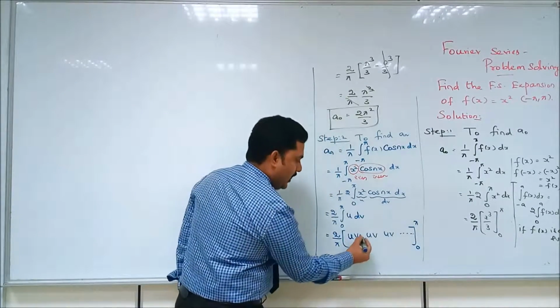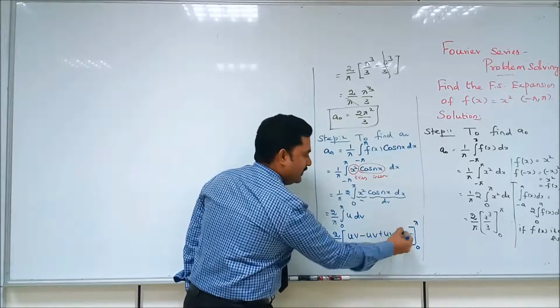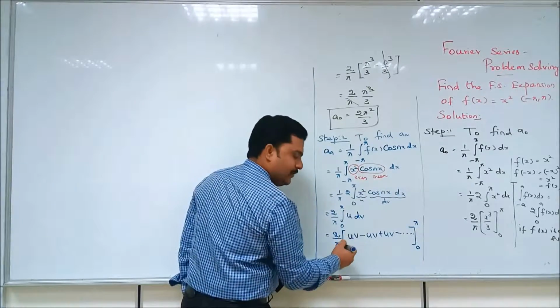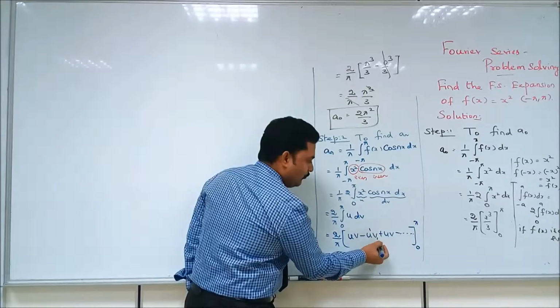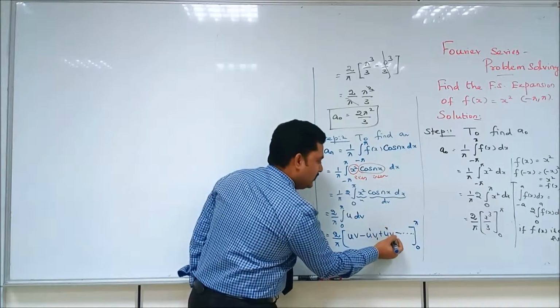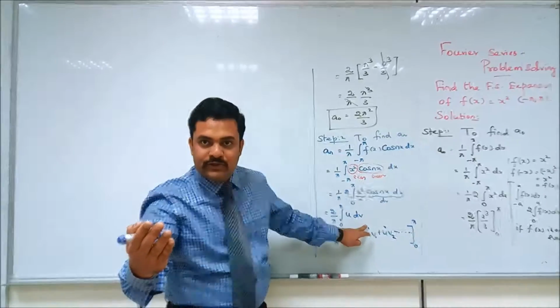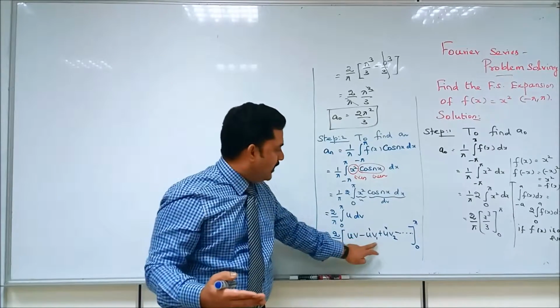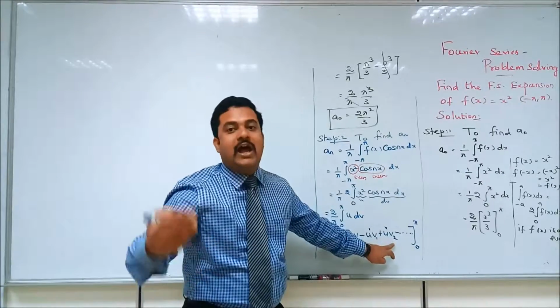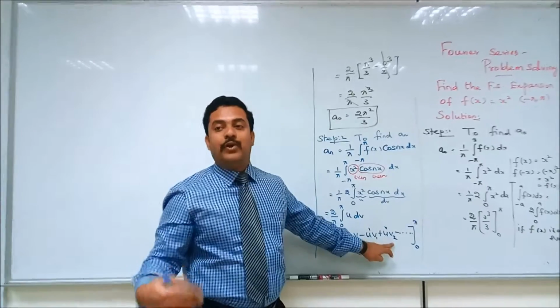Next, minus, plus, minus. Leave the first one, then u dash v1, next u double dash v2. What is meant by dashes? Dashes denote differentiation, where 1, 2, 3 and so on denote the number of integrations we have to perform.